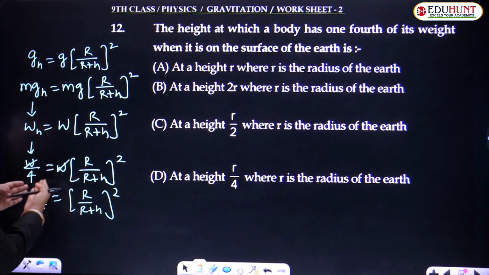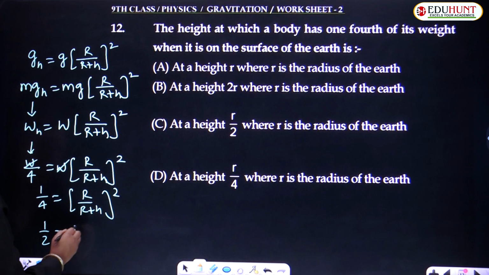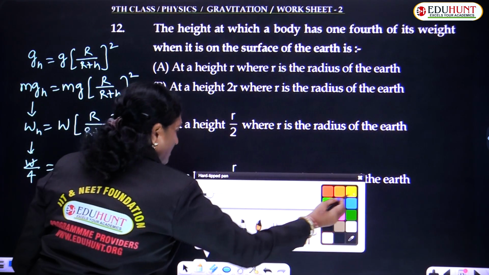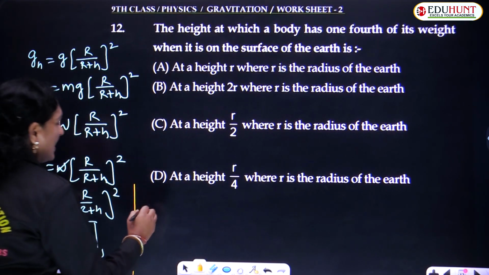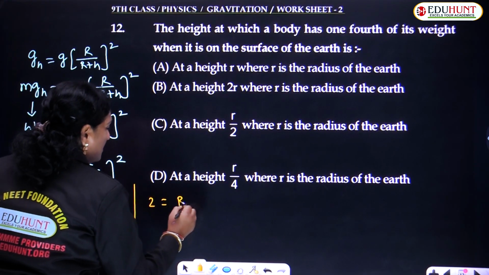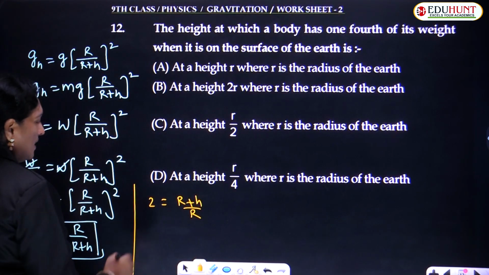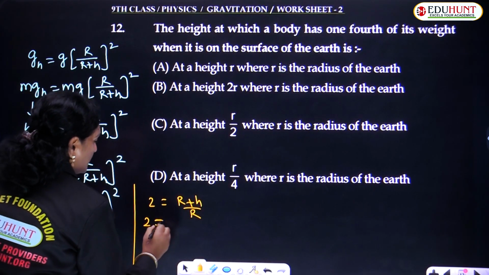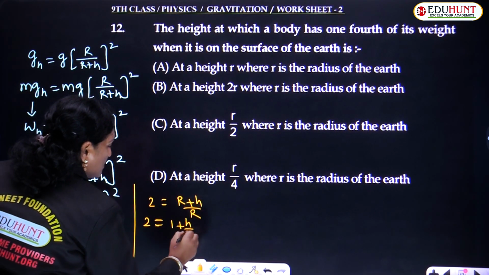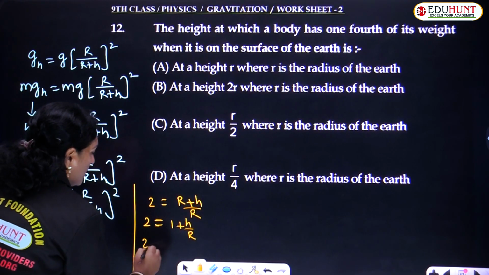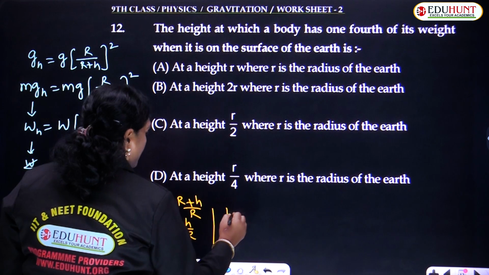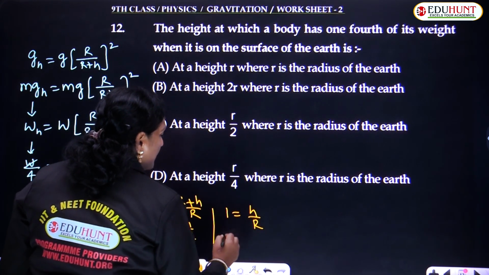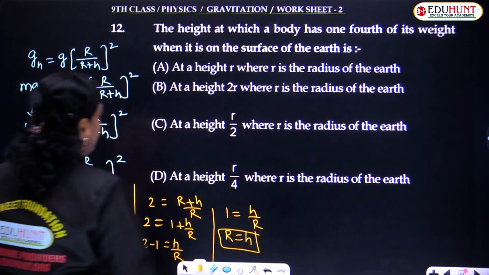Taking the square root on both sides, the square root of 1/4 is 1/2, equals R by R plus H. Taking the reciprocals, we have 2 equals (R plus H) by R. Or 2 equals, separating the variables, R by R is 1, plus H by R. Bringing the 1 to the other side, 2 minus 1 equals H by R. What is 2 minus 1? 1 equals H by R. Bringing the R here, R equals H.